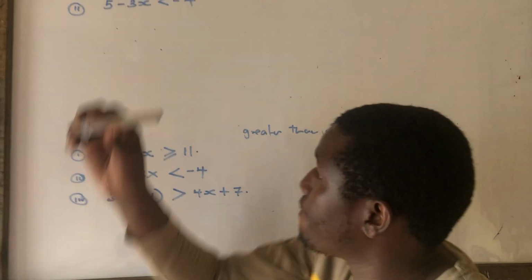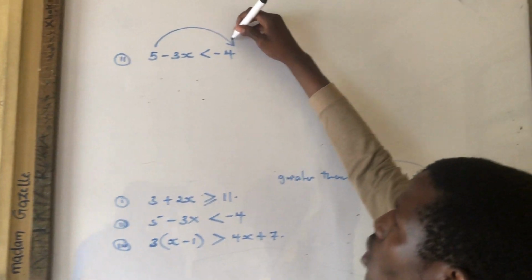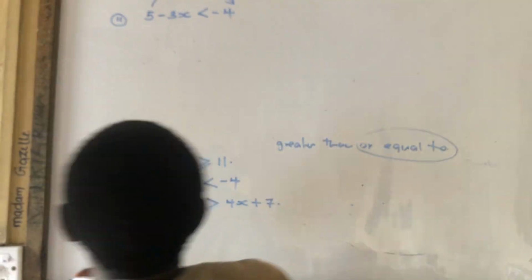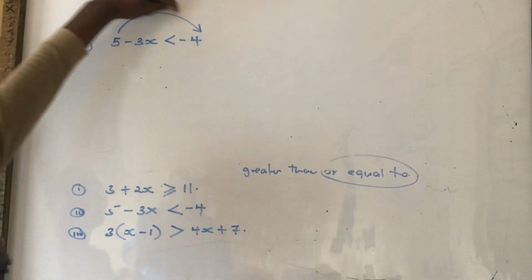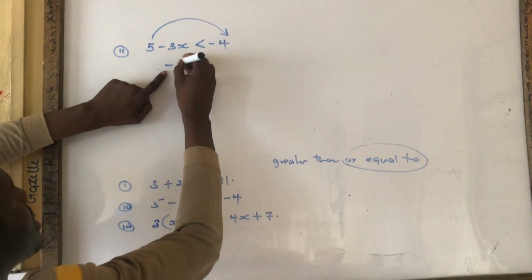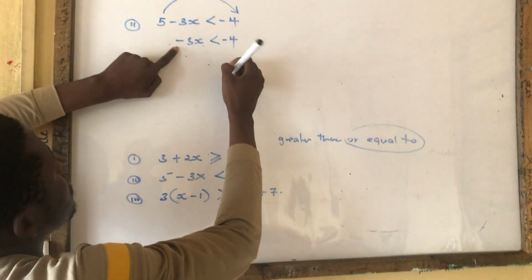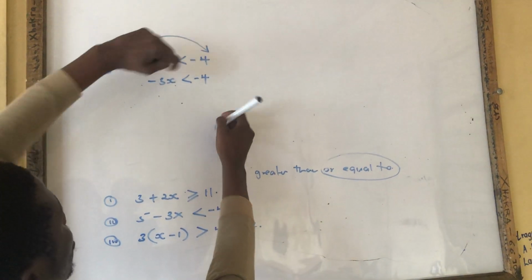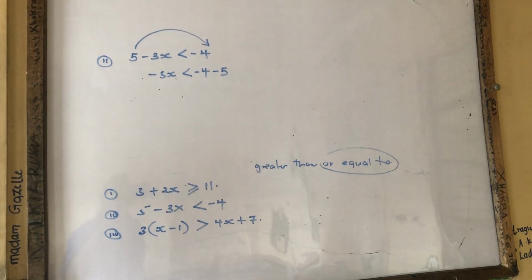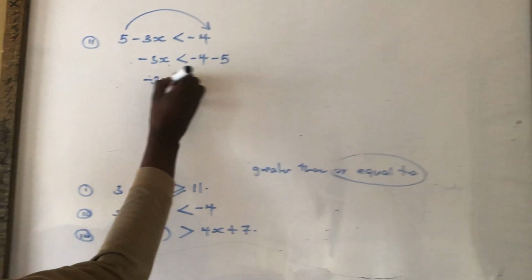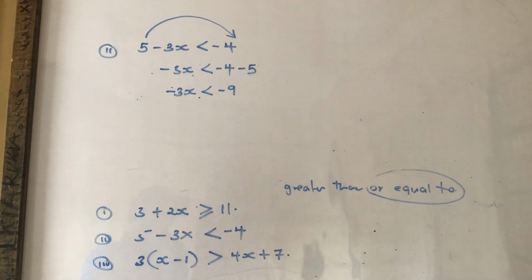We will start by collecting the like terms. That should mean the 5 will cross over to the other side. If the 5 crosses over, it should become a negative. So negative 3x should be less than negative 9.